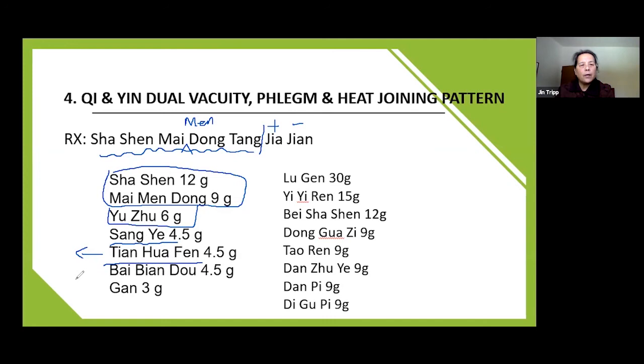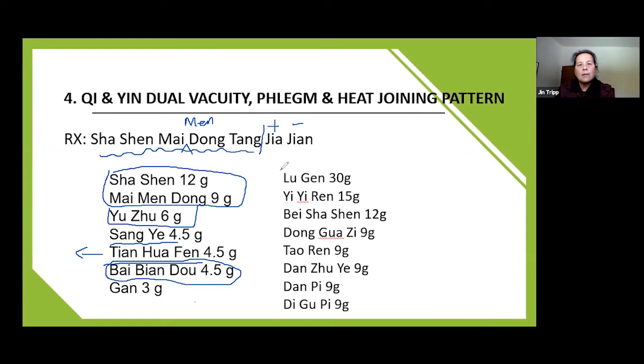So 天花粉 can generate body fluid. 白豆蔻 is a kind of aromatic herb, can move qi inside. When people have deficiency, it will cause stagnation. So use some qi moving herbs and remove stagnation.